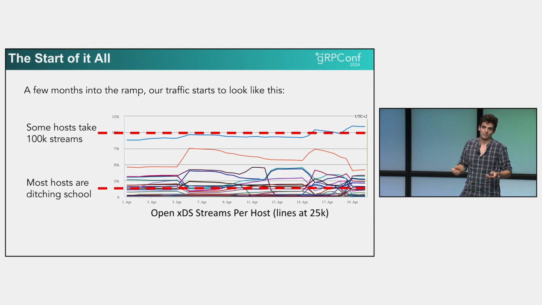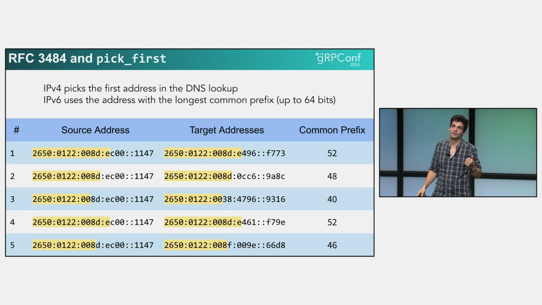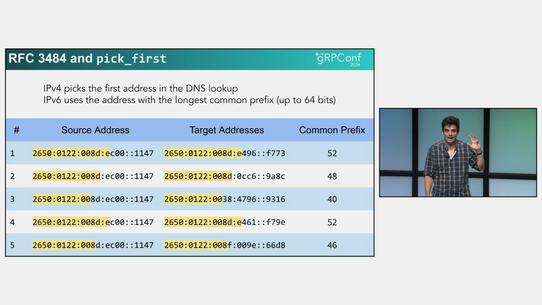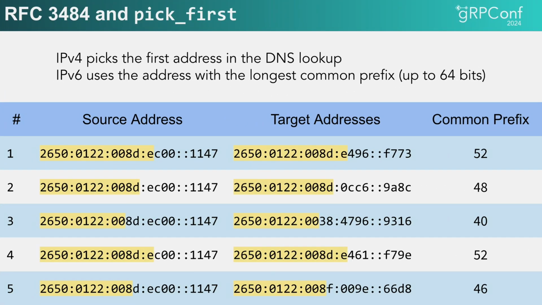So it's at this point, you get to meet my personal nemesis, RFC 3484, which corresponds to the IPv6 migration that was actually happening at the same time as we were rolling this out. Little do you know, when you ask the operating system, hey, what are the IPs for this DNS record?